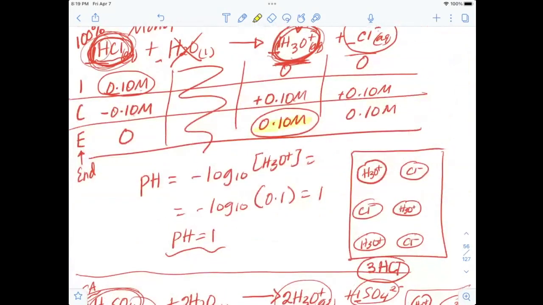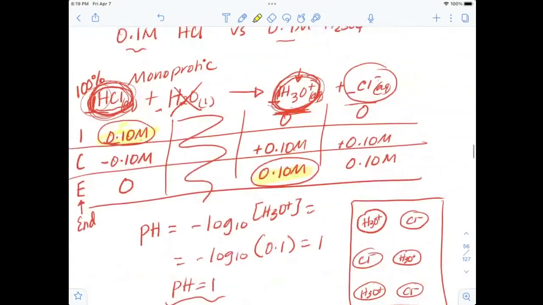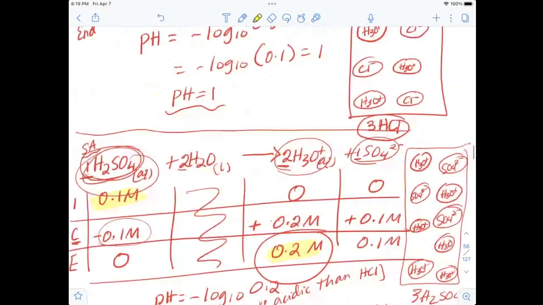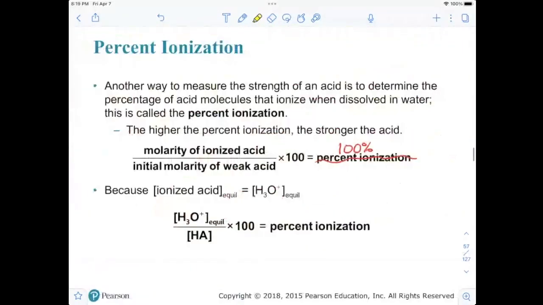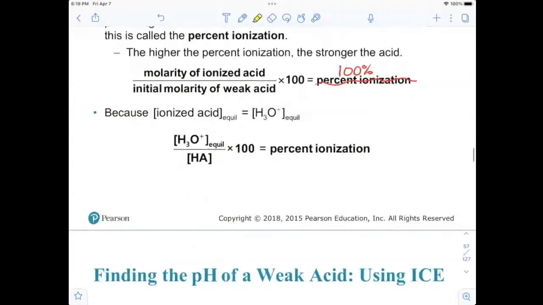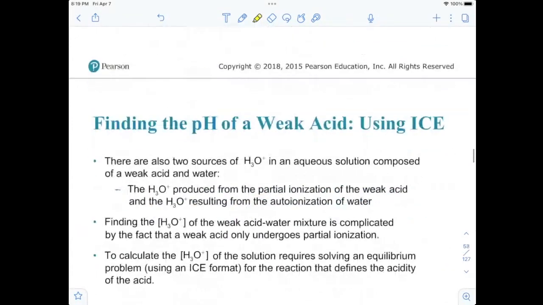For strong acids, you see right here, this will kind of match that. I think this is a better picture of strong acid versus that one, even though this is a strong acid too. When it's a weak acid, we mentioned earlier, the amount of the H3O plus at equilibrium is lower than the amount you started off with.